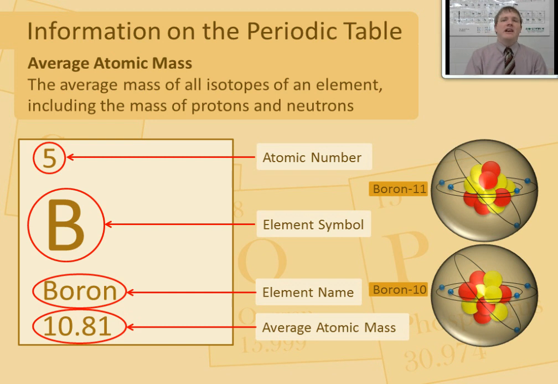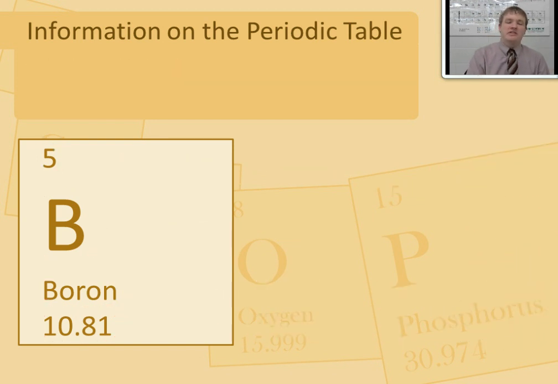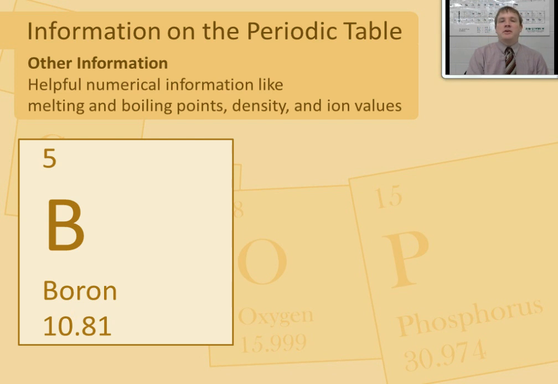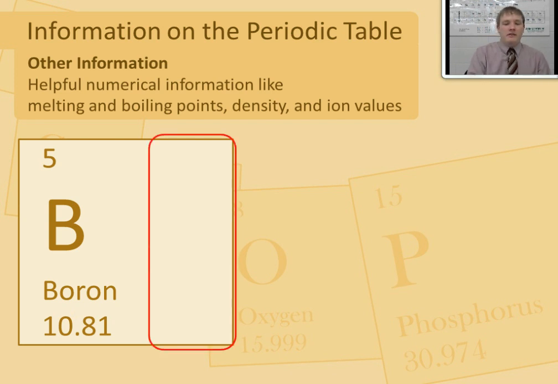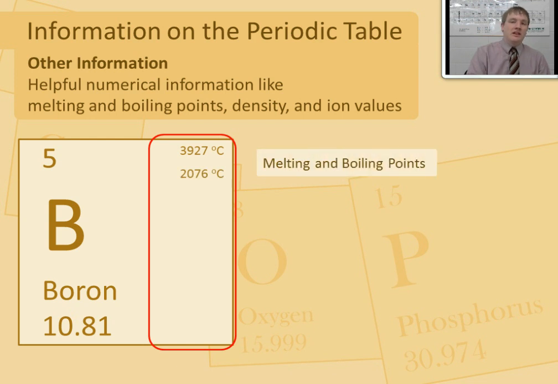All right, and then finally, on the periodic table, sometimes there are some extra numbers that are extra helpful for us. Other information on periodic tables might include, but not always, maybe you'll find the boiling and melting point of that element. Maybe you'll find the density of that element in nature.